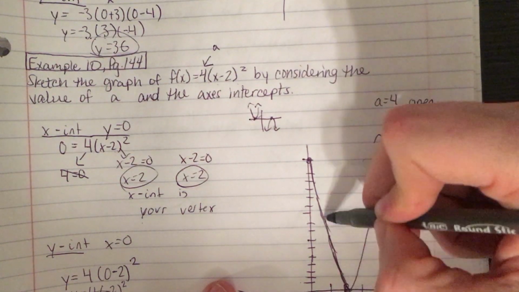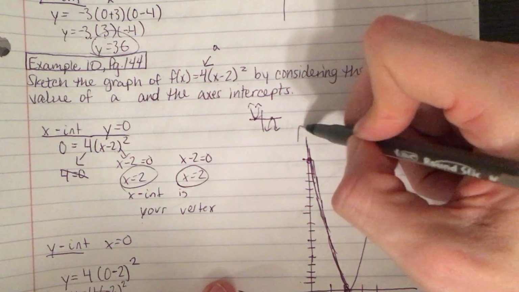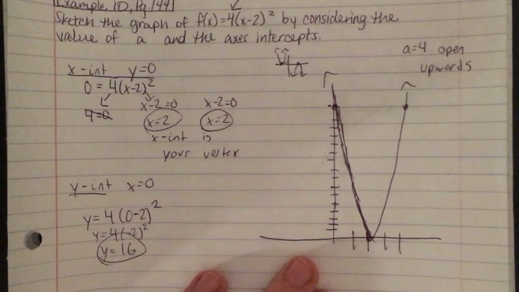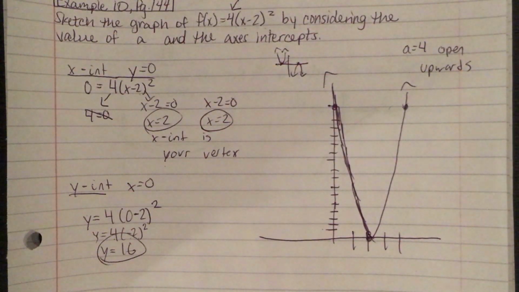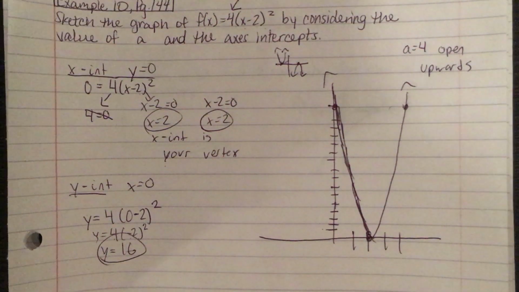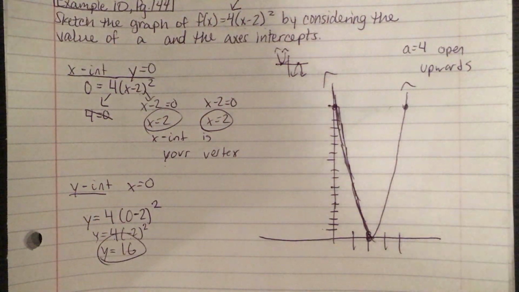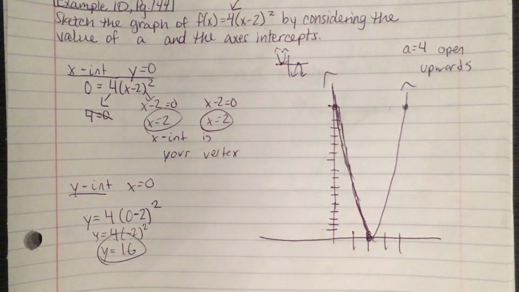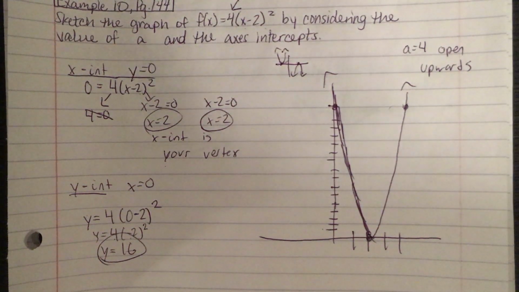There's a couple of shortcuts that we can use to help us graph it. So that is, in a nutshell, graphing quadratics using the x-intercepts as well as using the value of a.